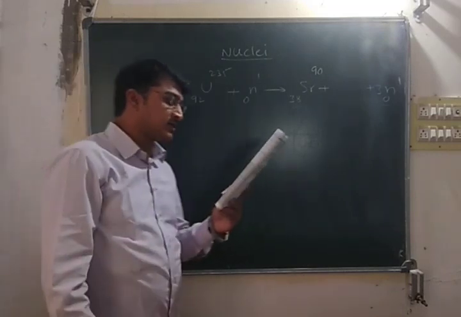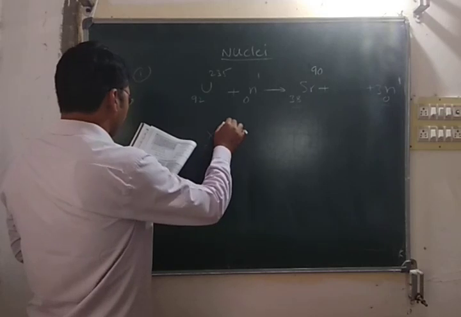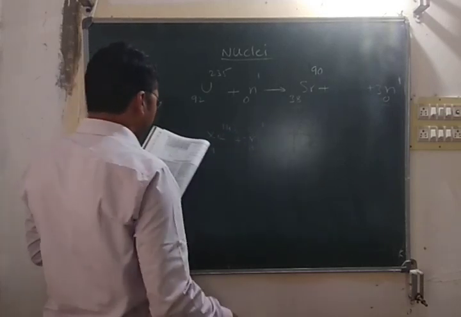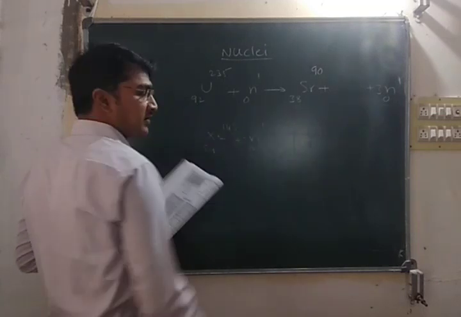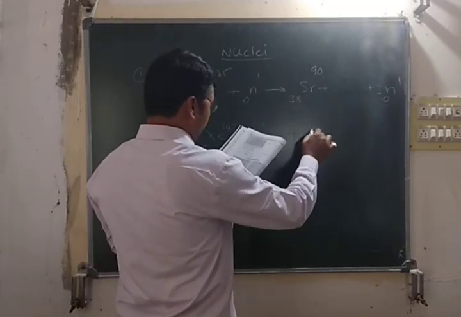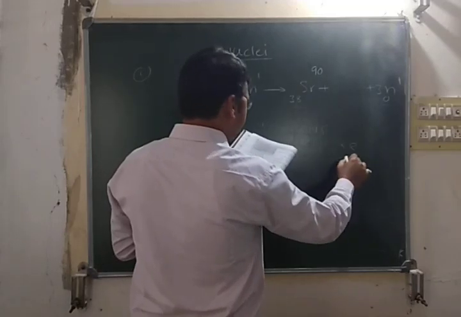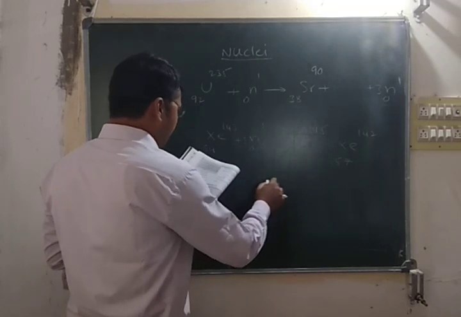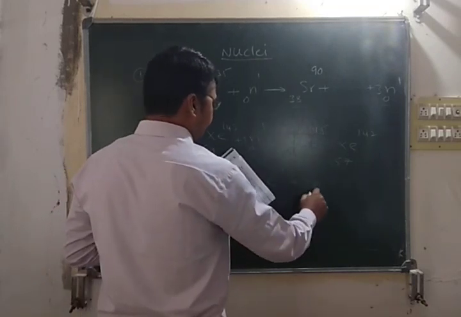The given options are like xenon 54-143 plus 3 neutrons, xenon 54-145, xenon 57-142, and xenon 54-142 plus a neutron.